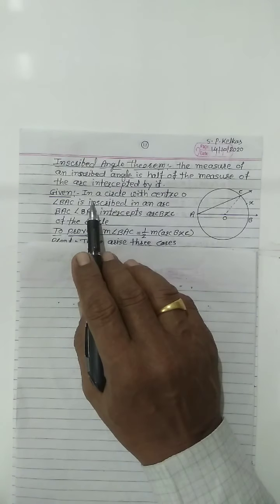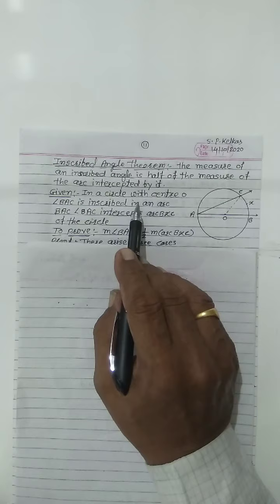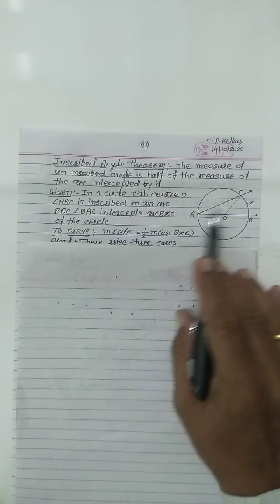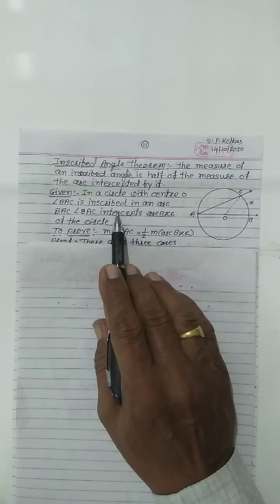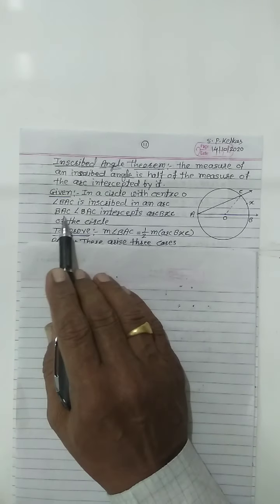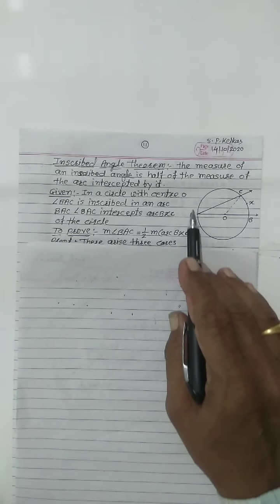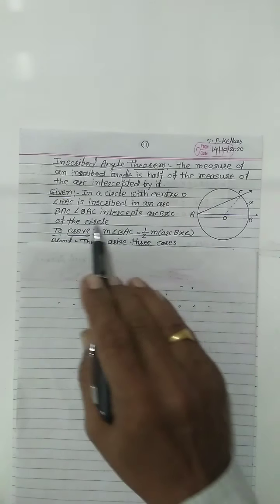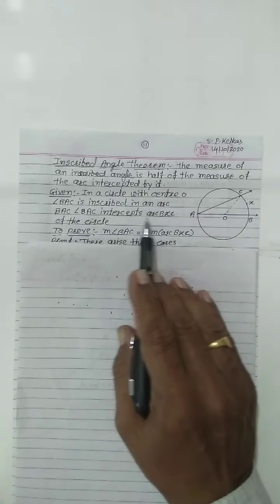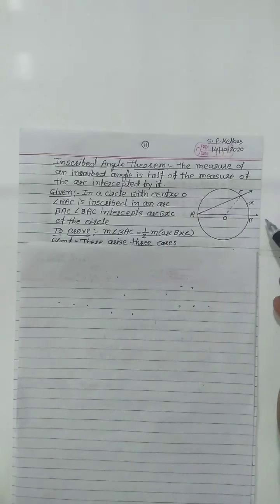Now, given a circle with center O, angle BAC is inscribed in arc BAC, this arc. Then angle BAC intercepts an arc BXC.